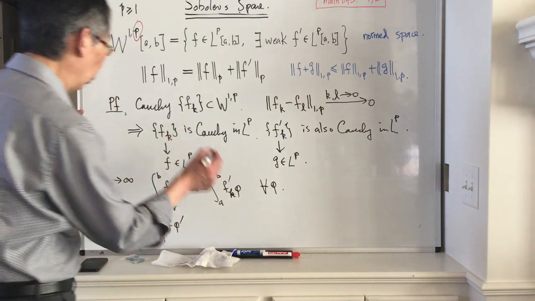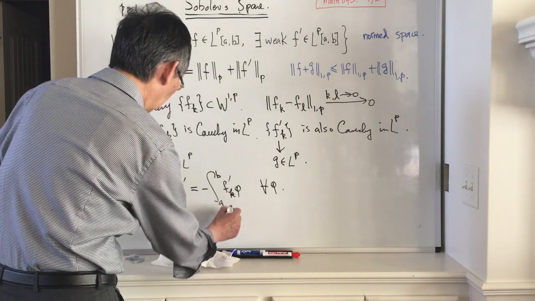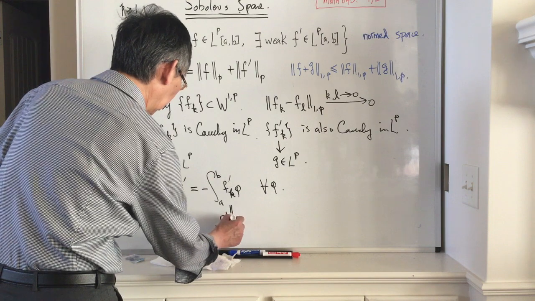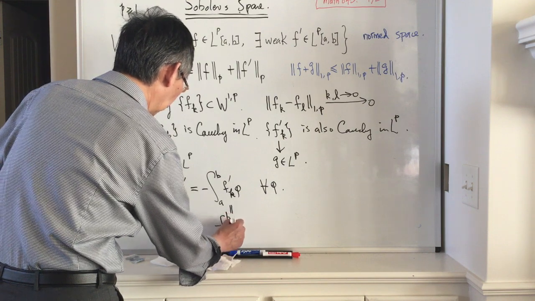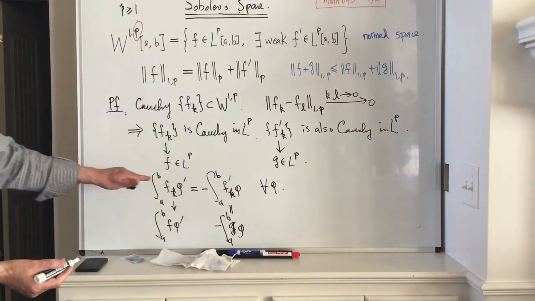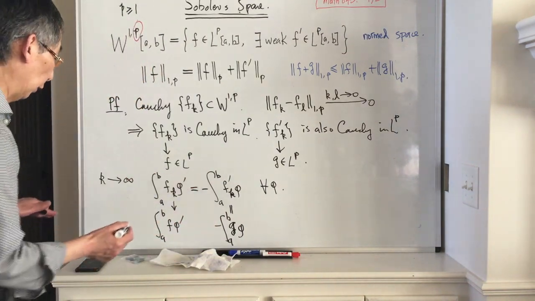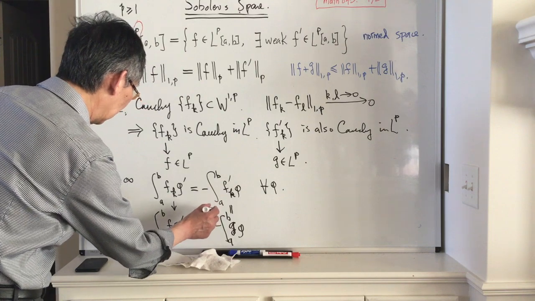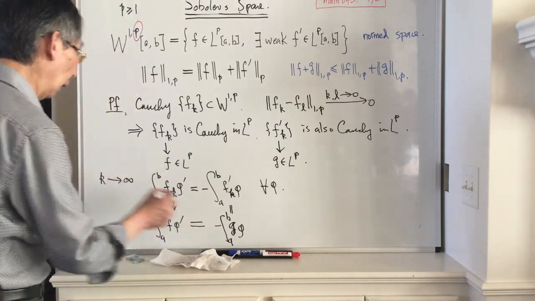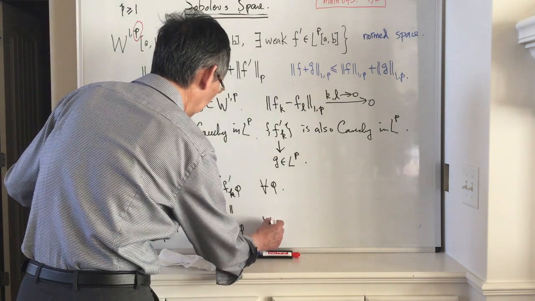The right side, for the same reason, goes to minus the integral of g times phi. Because for each k they are equal, when k goes to infinity this is also equal, and it's equal for every phi.